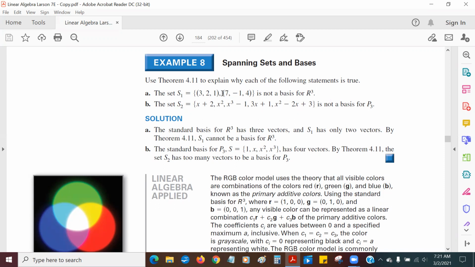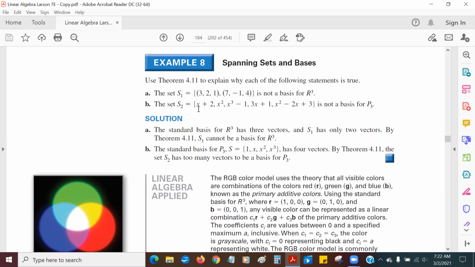Now, whether S1 is dependent or independent, we're not even discussing that. All I know is that it's not a basis. By the way, since it's only 2 vectors and one vector is not a multiple of the other, this set happens to be linearly independent, but that's not what we're trying to prove. We're just trying to show that it's not a basis.